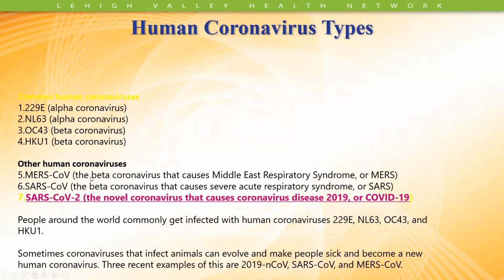One being MERS and one being SARS, which both were very lethal and very aggressive, but died off extremely quickly, which raises the question: did they evolve too quickly and become too lethal, killing off their host too quickly? MERS had almost a 50% death rate.